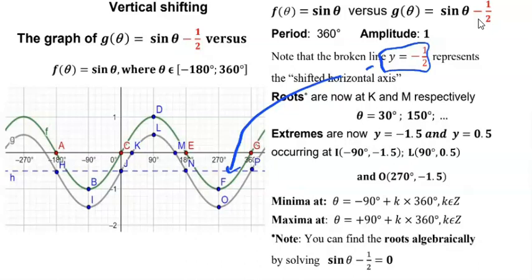In this case you can see the symmetry again, and you can write down all the different values of the roots and the minimum and maximum. And here I made a note to say you can solve this equation to find those solutions, and we did that on the previous page.